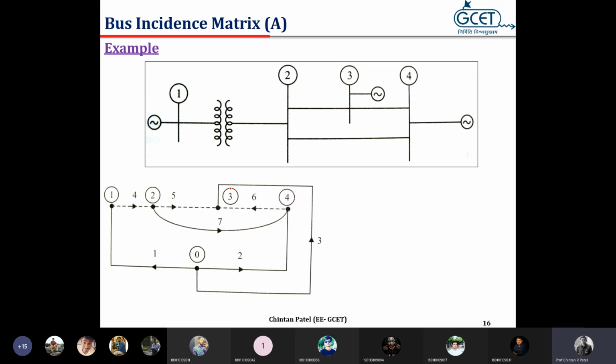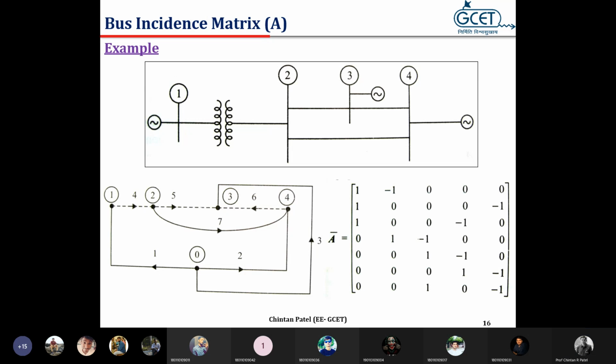So you can separate the incidence matrix into AB and AL. Again, this is A bar, the element node incidence matrix, and you can see the number of buses is 5, including the ground node. So this is 0, 1, 2, 3, and 4.